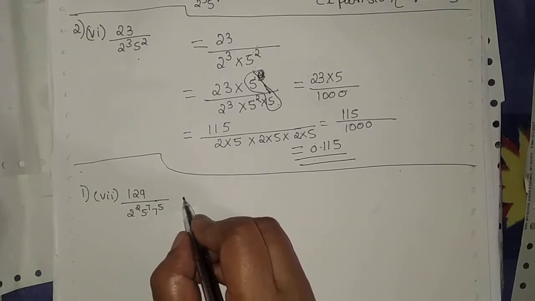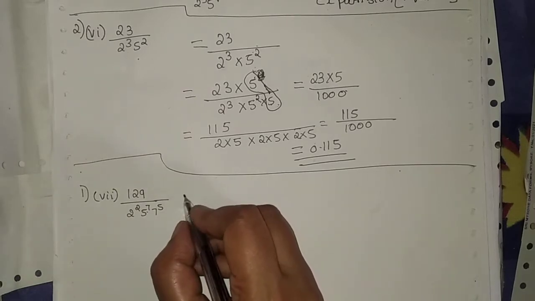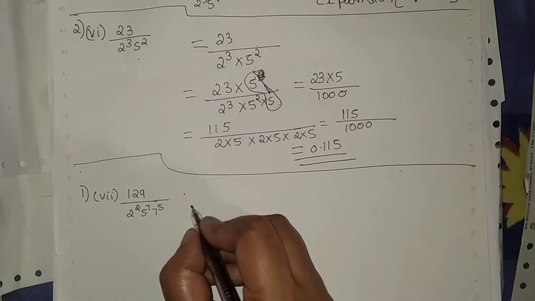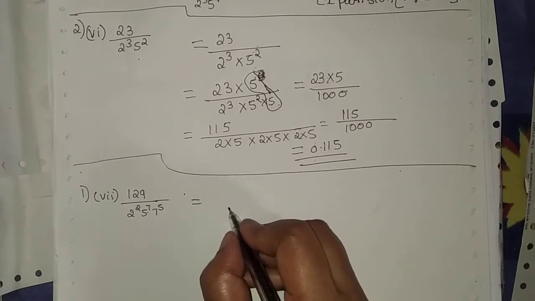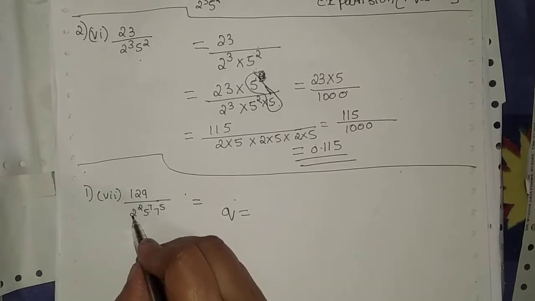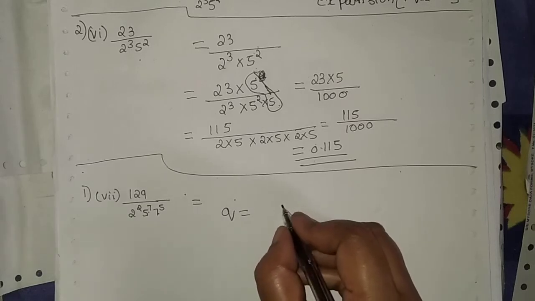So what we have to do, first step here, this is not in the form q is equal to, because see here 2 is there, 5 is there and 7 is there.